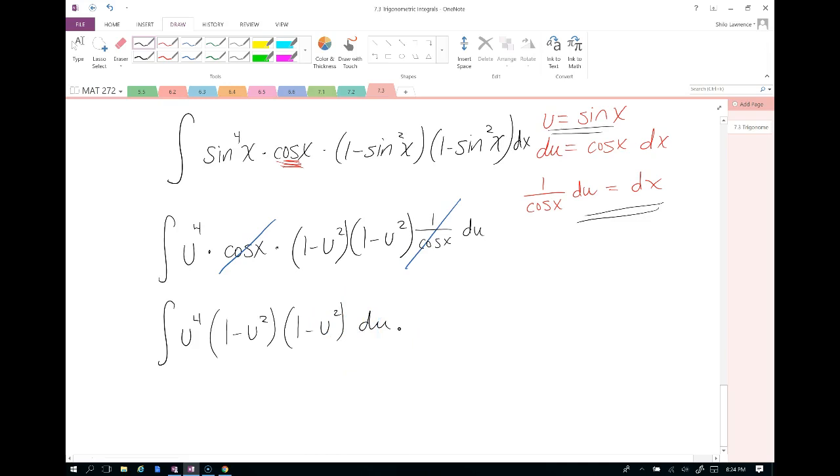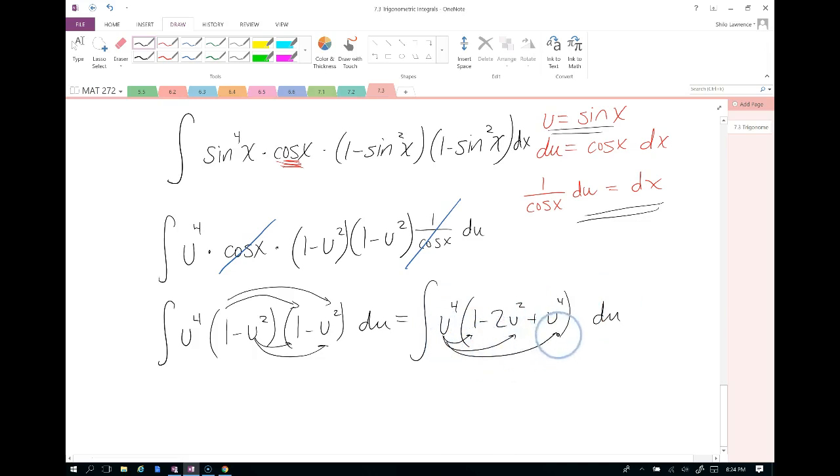I guess first I'm going to go ahead and FOIL these guys. And that's going to give me 1 minus 2u squared plus u to the 4th. And then I can go ahead and distribute my u to the 4th.